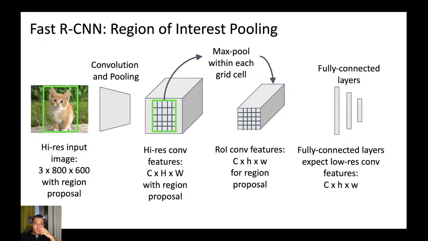So they actually apply max pooling on this region proposal that is projected on the activation maps, and they obtain this fixed size feature. The number of channels is the same, only the size is reduced from capital H and W to small h and w.